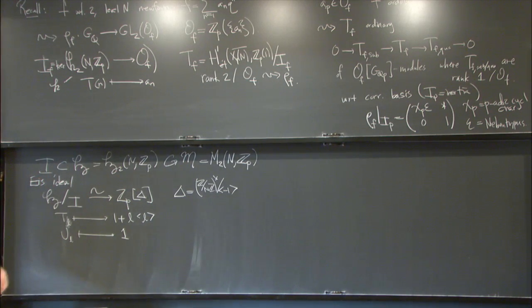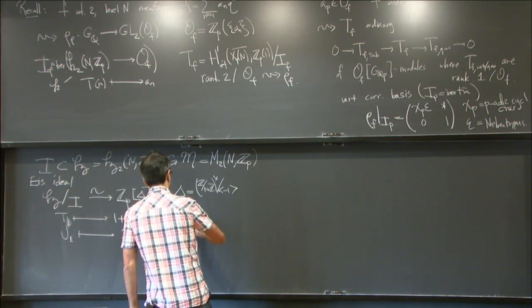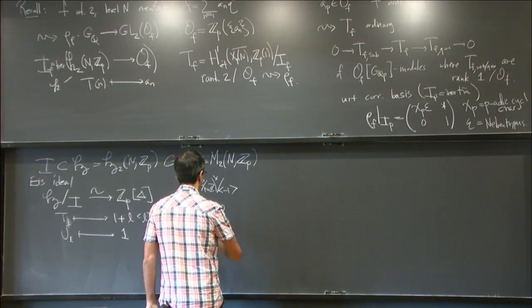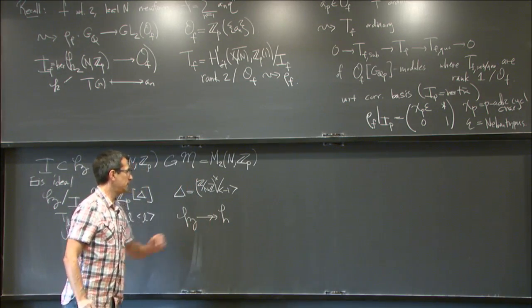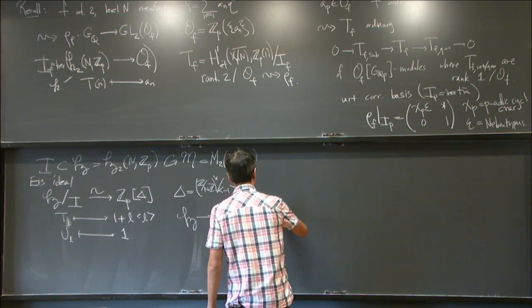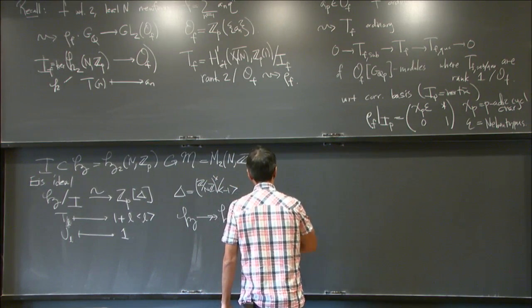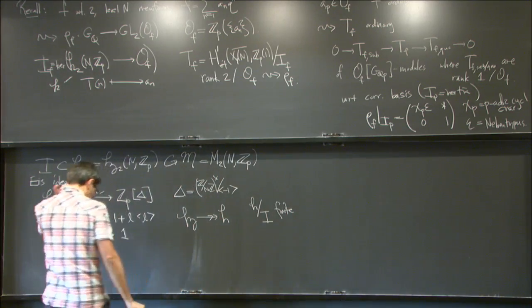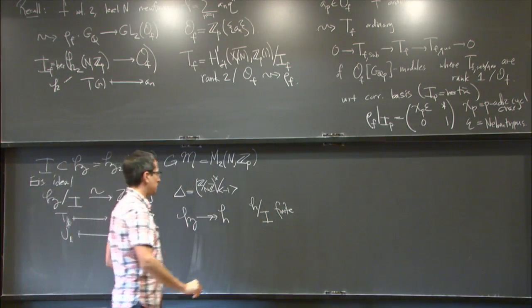So we have this Eisenstein ideal. But if I think of the image of this Eisenstein ideal, this big Hecke algebra surjects onto this little one. And H mod I, as I mentioned last time, is now finite, and it's somehow controlled by the p-adic L-function.